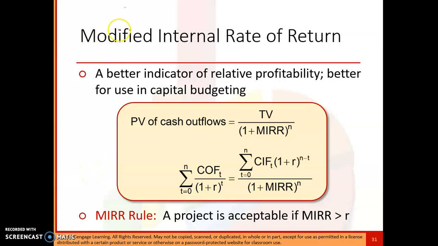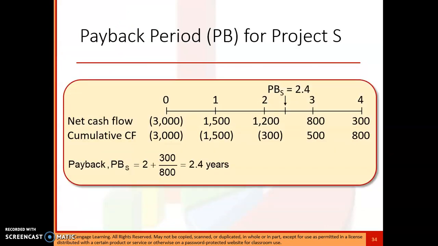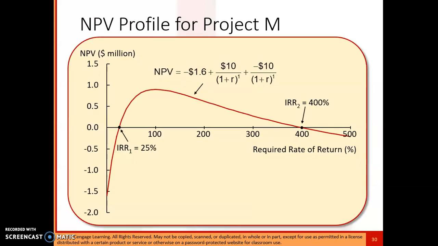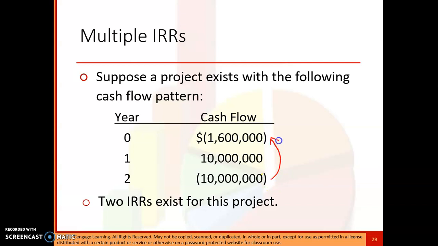So in this case, we would present value this $10 million back to here, and then we would future value this $10 million up to there.